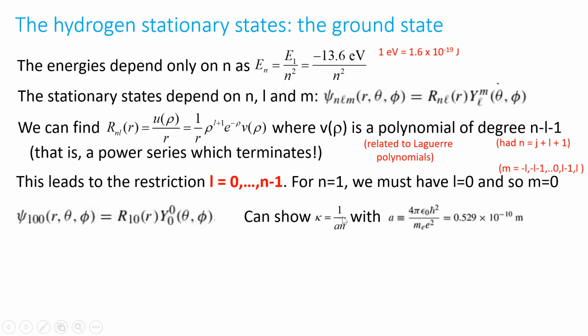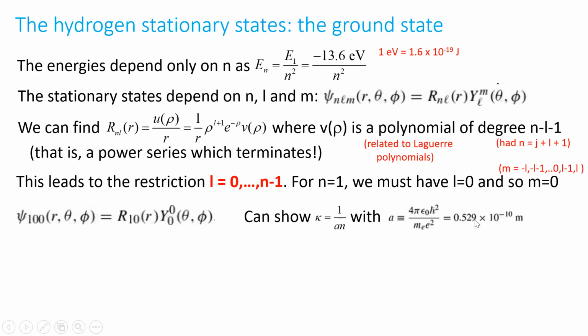Because kappa is related to rho naught, and rho naught was related to n. Rho naught was 2 times n. So where a is this combination of constants here, kappa is 1 over an, because n can be written in terms of rho naught, and rho naught was defined in terms of kappa. For the details of that, you can see the text, but kappa can be written as 1 over an, where a is this combination of constants, which turns out to have a big physical significance.